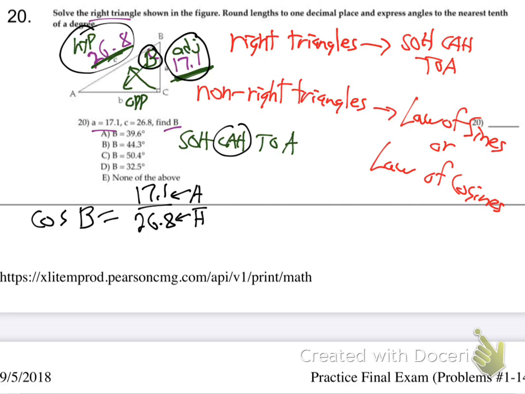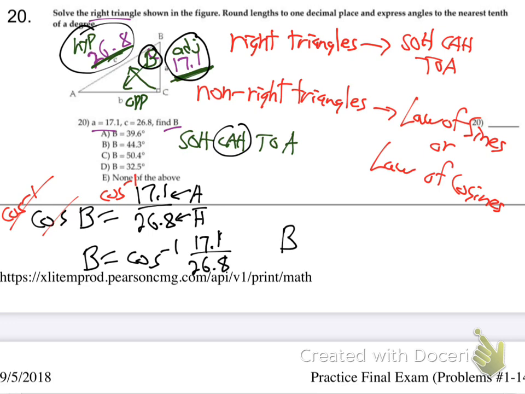Well, you've got to take cosine inverse of both sides. It'll cancel that cosine out, and you'll get B is cosine inverse of 17.1 over 26.8.